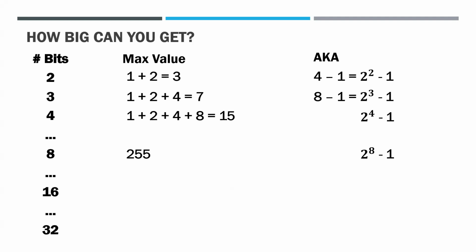For example, in a lot of file systems, the longest file name you can have is 255 characters, because that file system represents the file name length as an 8-bit value. So yeah, 2 to the 8th minus 1 is 255. The biggest number that you can represent with a single 8-bit byte is 255.